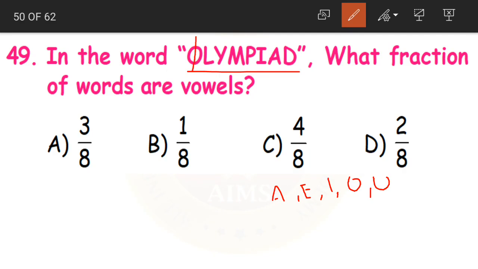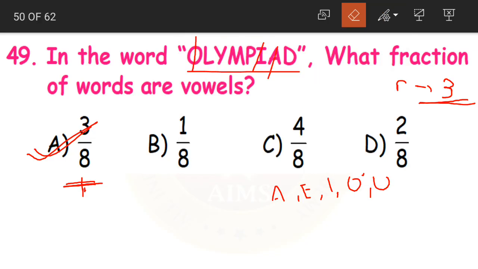Now from this we have O, I and A. How many vowels do we have, children? 3 vowels. So 3 becomes our numerator. If you look at the given options, we have 3 as the numerator in option A. So we can simply tick that option A is our correct answer.